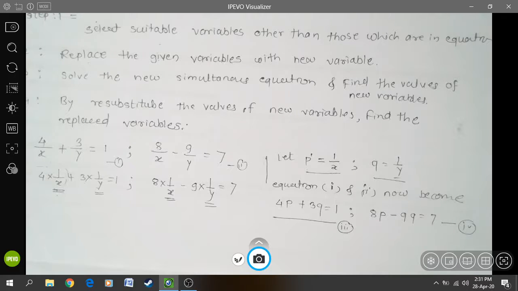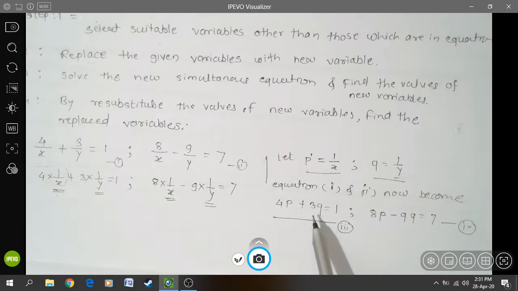What are the methods? Elimination method, graphical method, and determinant method. Here we will use the elimination method.